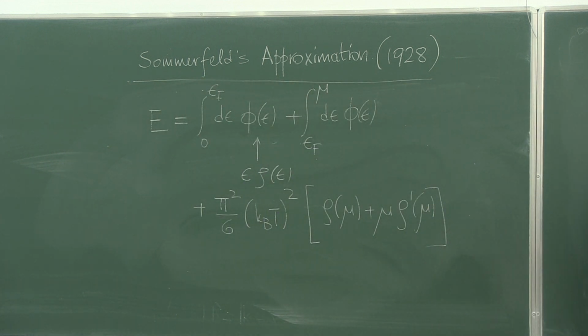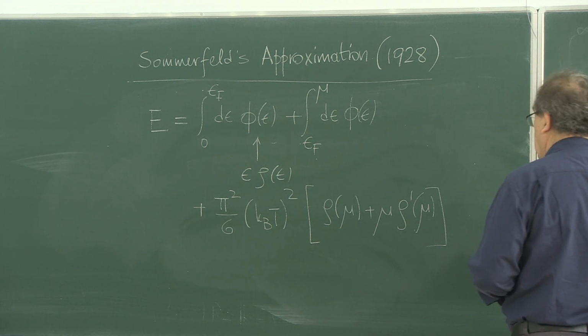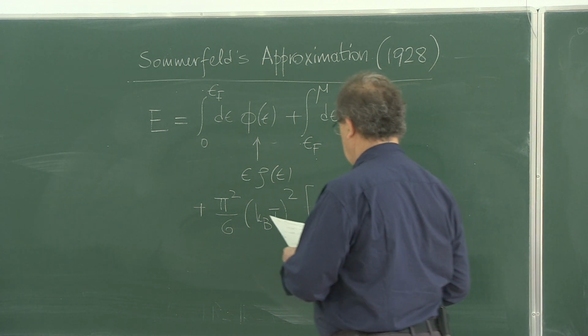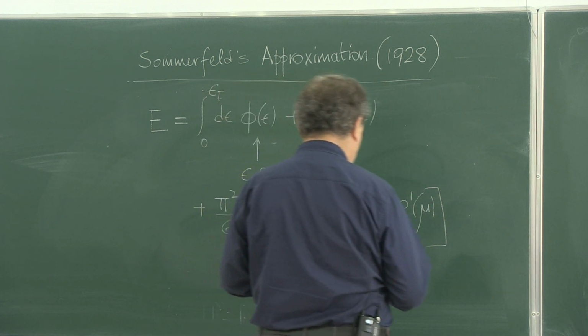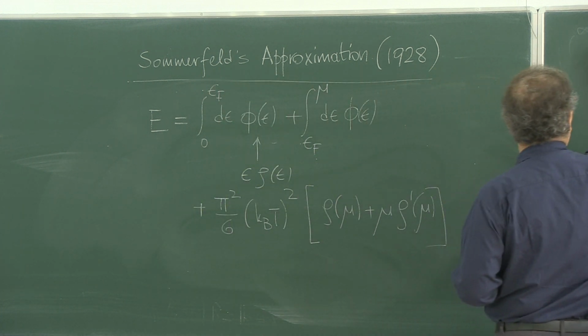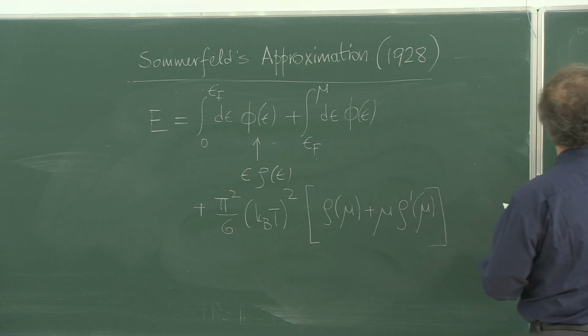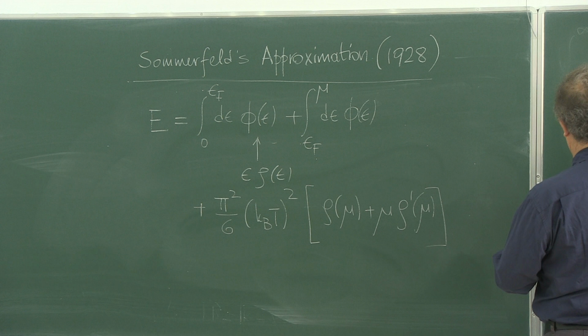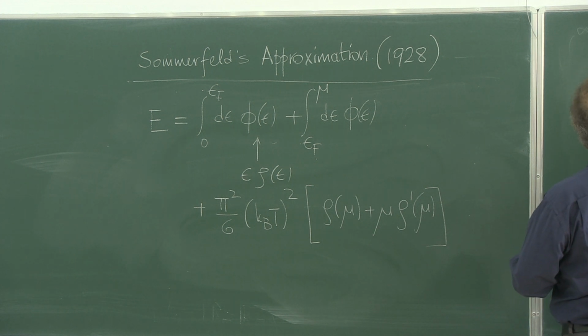So, I will leave the steps to you, but let me show you the important part. Well, you can write this as constant 2/5, 5/2.